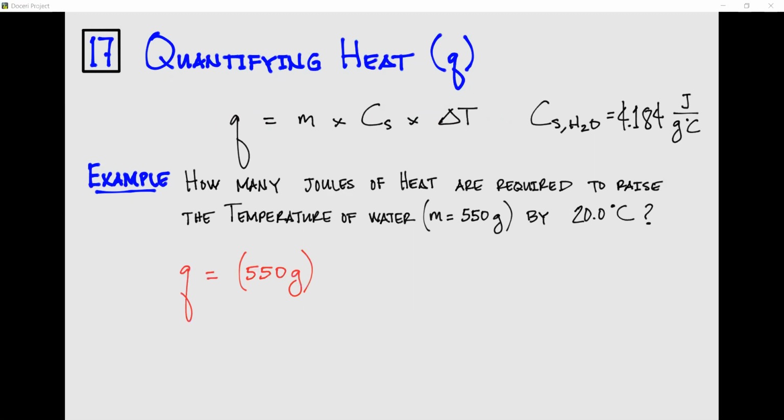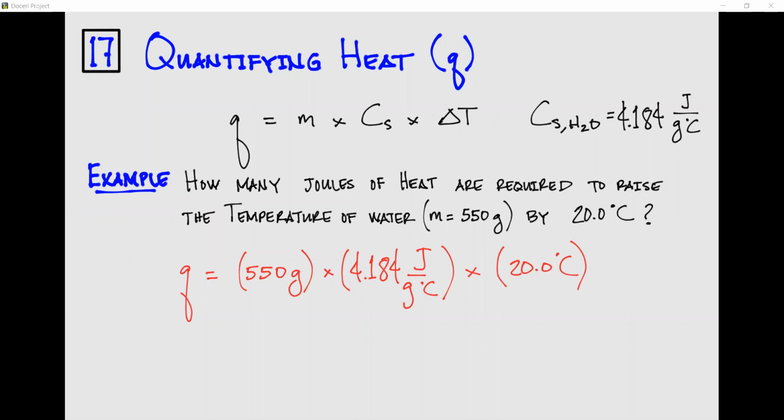Q equals the mass of water, which is 550 grams, multiplied by the specific heat capacity of water, multiplied by the change in temperature. Change in temperature would be 20 degrees Celsius because you're raising the temperature of water by 20 degrees Celsius. So that's already the change in temperature.